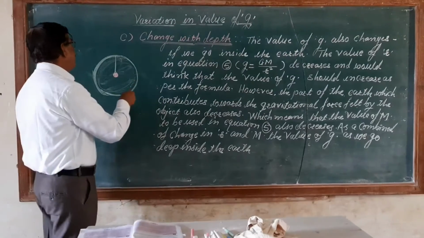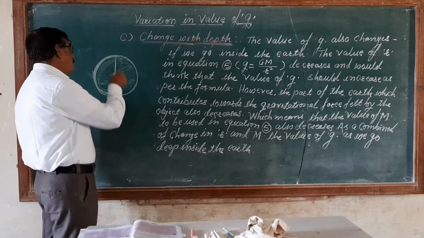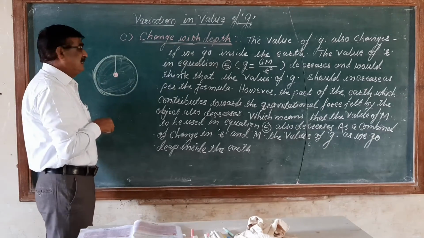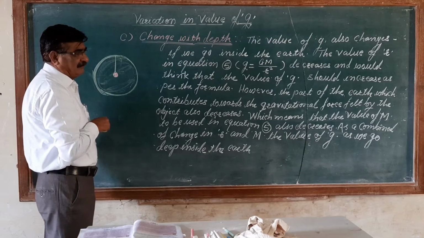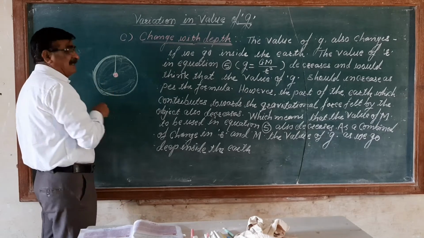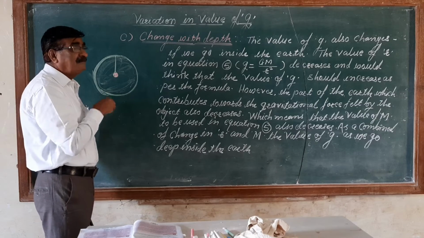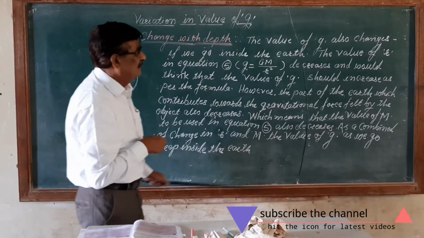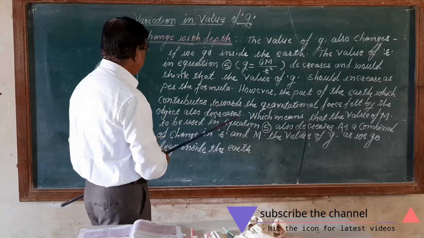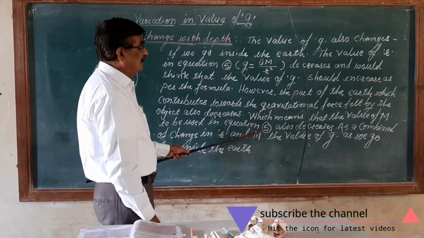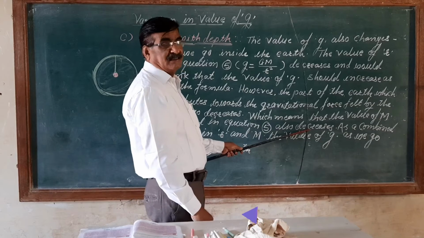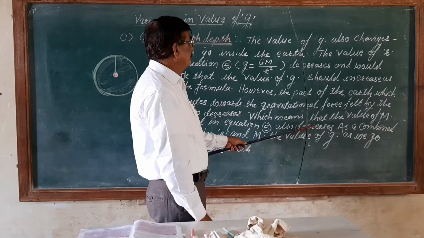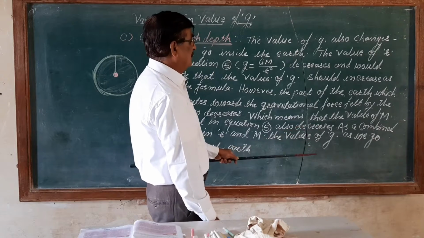But when that object is carried to the inside, toward the center point of the earth, the mass of the earth that acts on that body decreases, and the value of M to be used in equation number 5 also decreases along with R, along with distance.